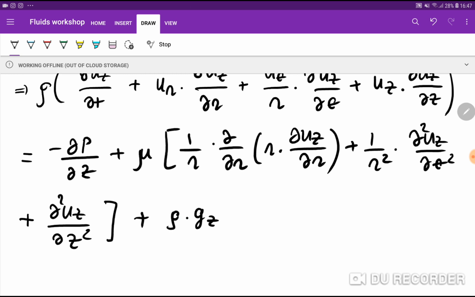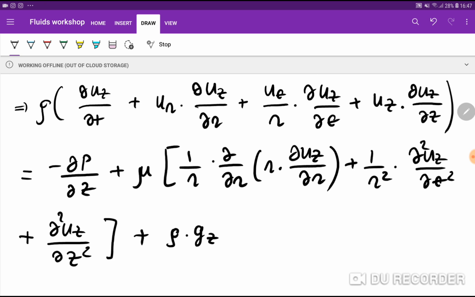Okay, so let's see which terms we can cancel out from this equation. We know that this is a steady state, which means that the velocity doesn't change through time. So the partial of uz over t right here cancels out because of steady state. The next thing we notice is that all these terms right here contain uz, and previously we demonstrated that uz is 0.